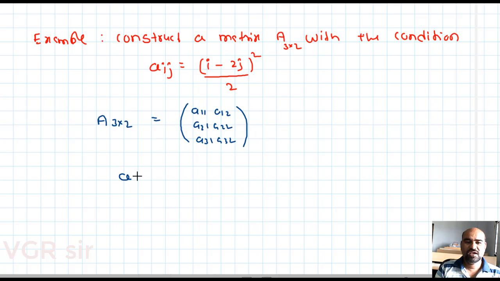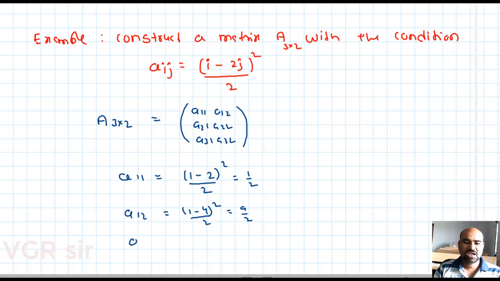So A11 I want to find. Instead of i, write 1, and instead of j, write 1: (1 minus 2) whole square by 2, that is equal to 1 by 2. Next, A12. I means 1, j means 2: (1 minus 4) whole square by 2, that is 9 by 2.